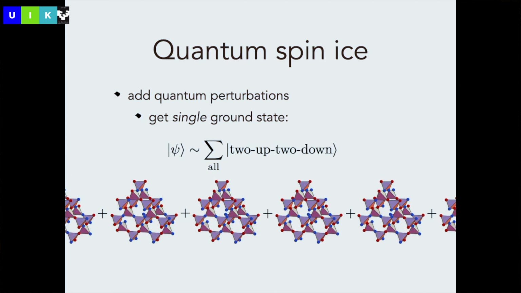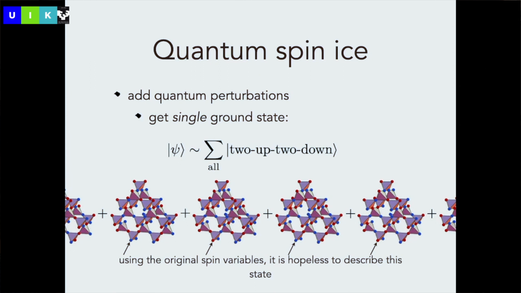But there are extensively many of them, okay? And the quantum spin liquid is a given superposition of all of them. And if I try to loop back to what I was telling you about non-locality, if you look at one given spin in this term in the superposition, it's actually hard to see.